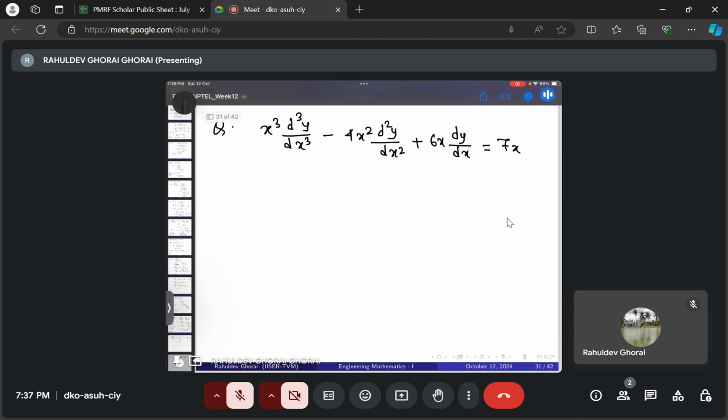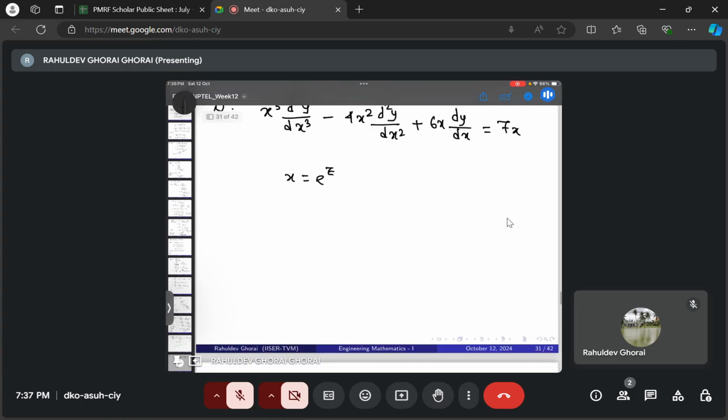If you have this Cauchy-Euler type of differential equation, then you have to choose x equal to e to the power z. When you take x equal to e to the power z, that implies z is equal to ln of x. Then dy dx will be dy dz times dz dx, and dz dx will be 1 over x.